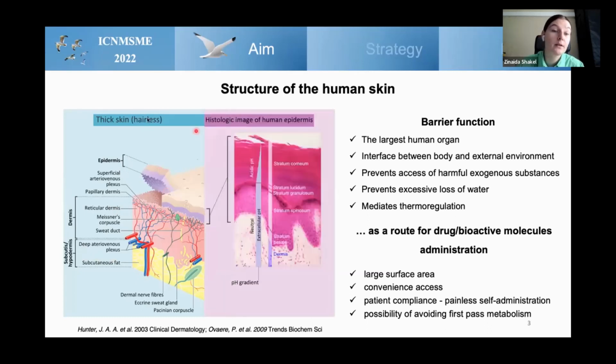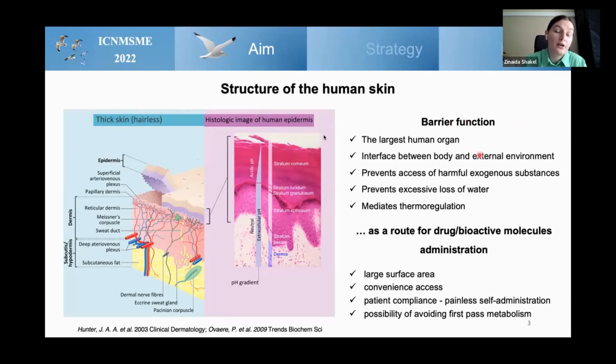The epidermis is subdivided into 5 layers. Most interesting is the stratum corneum, which is formed by dead flattened keratinocytes without nuclei, called corneocytes. They have a major role in barrier function.